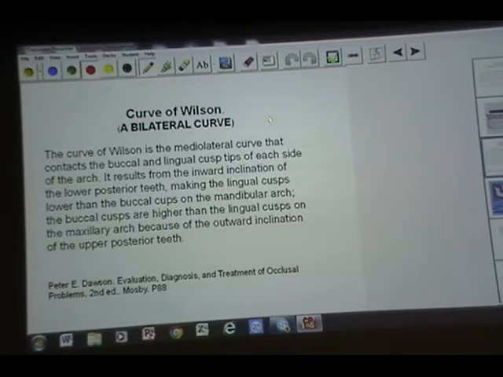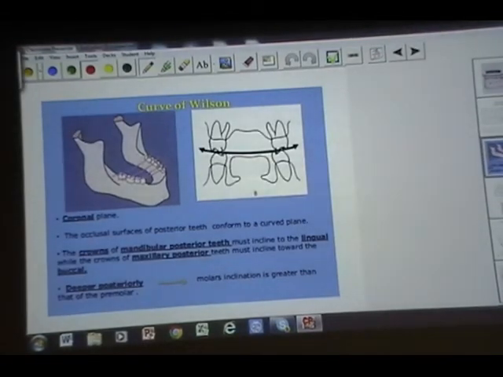So this was Wilson's curve, a bilateral curve from side to side. As we go from buccal to lingual in relationship to, in particular, the posterior dentition, what does this look like? Because this type of movement, buccal lingual, really correlates to a side-to-side movement in association with the process of chewing. So here we see Wilson's curve.